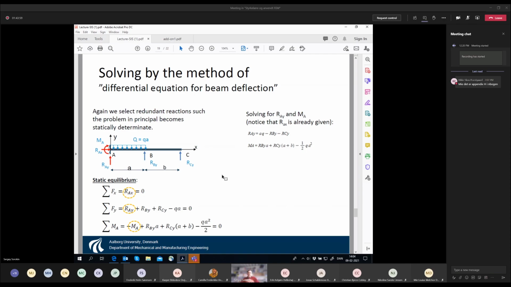Probably you remember the bending moment, and the bending moment is related to the curvature of the beam.